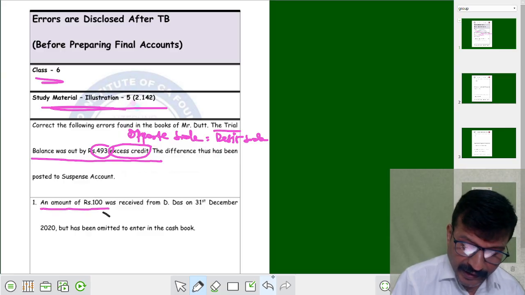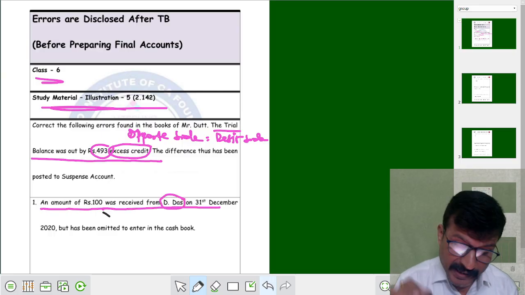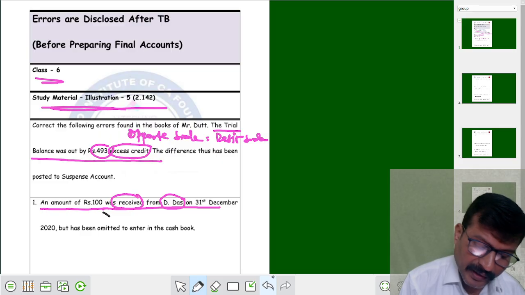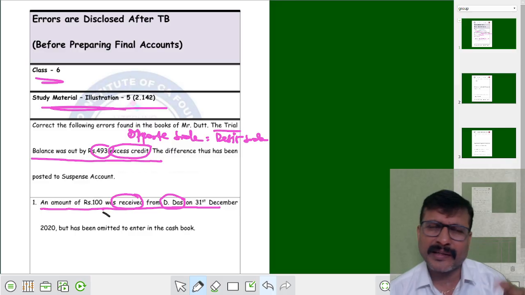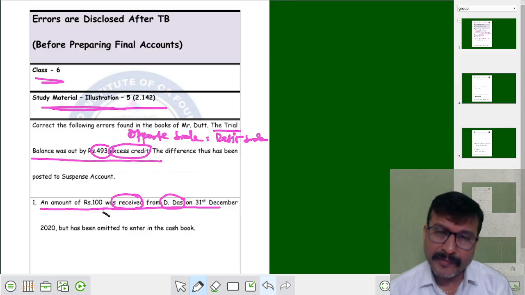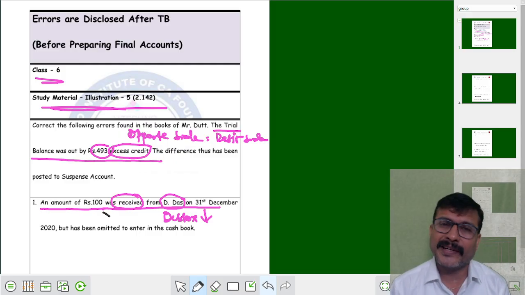Fine. So let me move on to the first point. An amount of 100 received from D Das. Please remember, my dear students, whenever you receive from a person, you should never call it an income. That I already told you. Received from D Das means who is D Das? D Das is a debtor. D Das will decrease.